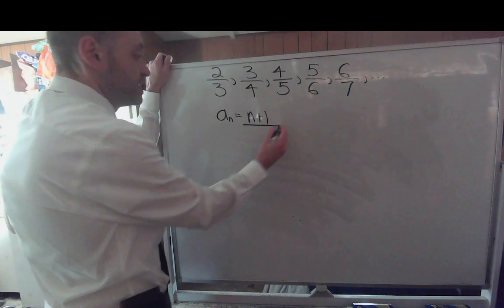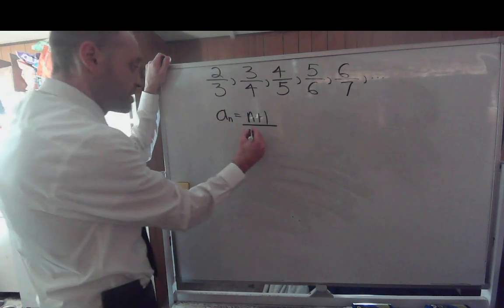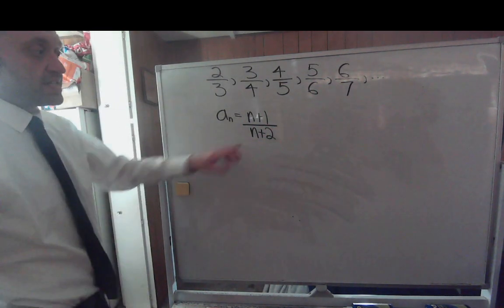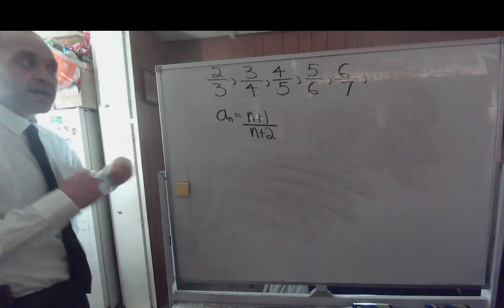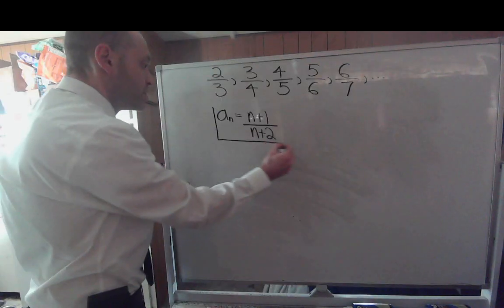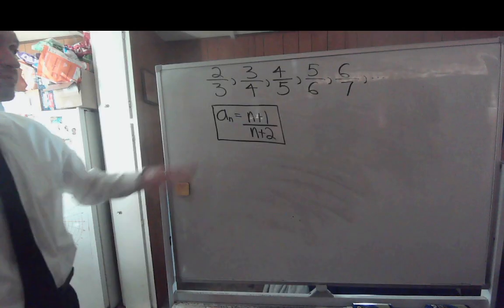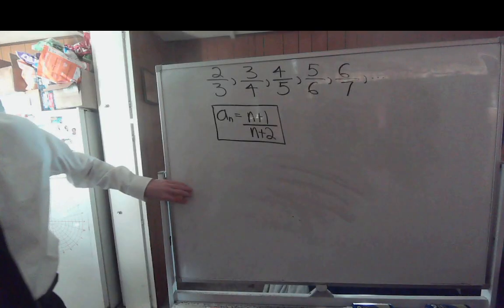But how about the denominator? Well, if I take 1 plus 2, I get 3. And then if I take 2 plus 2, I get 4. 3 plus 2, I get 5. So this pattern seems to hold. So the general explicit formula for a sub n for any term of the sequence is going to be n plus 1 over n plus 2.